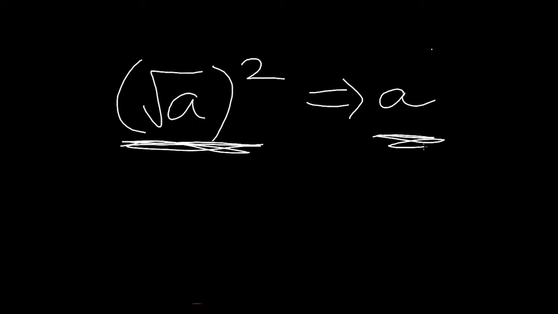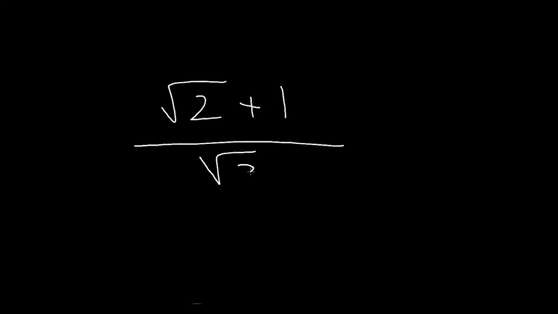But the trick here is we want to make sure that this is the same number. So let's take an example of, let's just say we had root 2 plus 1 over root 3. And we want to rationalize the denominator. So we want to turn this denominator into a rational number. So how are we going to utilize this property?